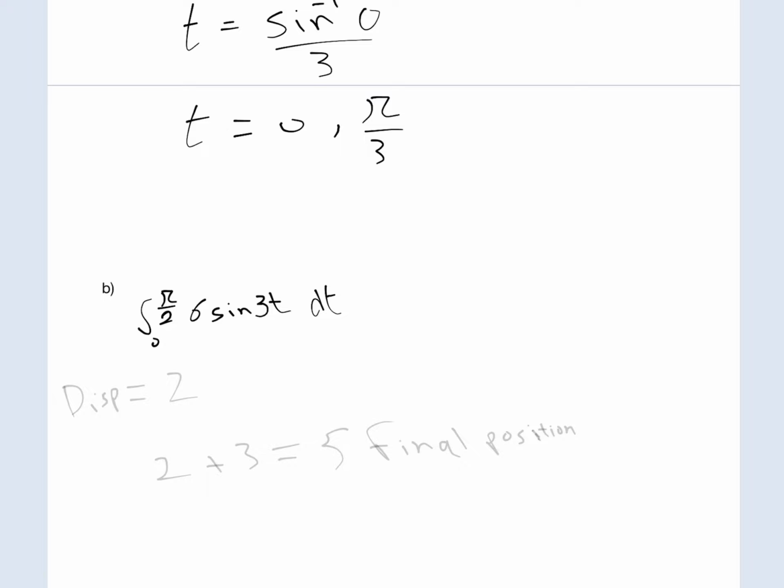Using the calculator, we find that the integral is equal to 2, which is the displacement. To find the final position, we only have to add the displacement to the given s of 0, which is 3. 2 plus 3 is equal to 5, which is the final position.